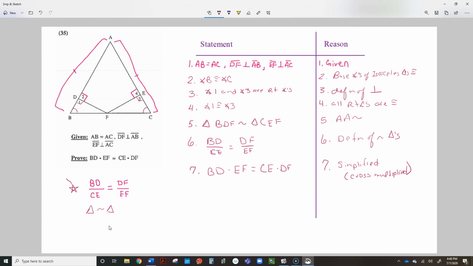So there's a couple of different ways that you could do this and still be correct. So this proof right here will definitely be okay. You can do it a little bit differently and be okay too. So you don't have to have exactly the same thing, but it should be something kind of along the same lines.